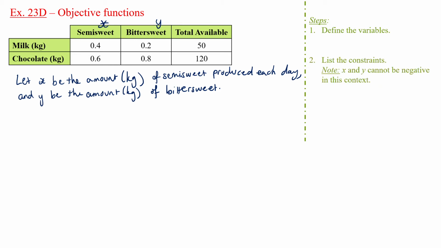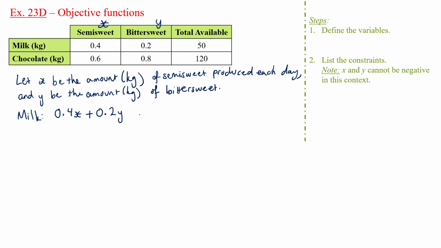We now need to list the constraints. From this table, if I look at my constraint for the amount of milk that I can use each day, because maybe that's just what's available shipping-wise each day, I need 0.4 kilograms of milk to make semi-sweet and 0.2 kilograms of milk to make bittersweet chocolate.